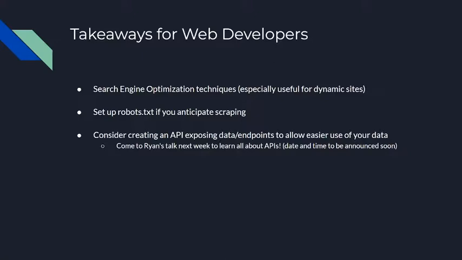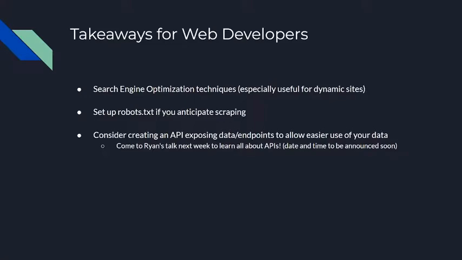Especially if your website is dynamic, it doesn't have any static data on it. There are some techniques that you'll want to be employing in order to make sure that your website has an accurate description, an accurate title, and list of data about it that the search engine can use to drive users to your site and in turn put you near the top of their ranking.